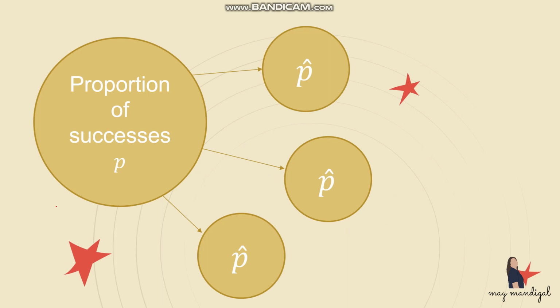So for example, we conducted a research or a survey. So this is our population. And from our survey, we're able to see that 60% of all our respondents prefer brand X compared to brand Y. So 60% of the population prefer brand X than brand Y. So that is now the proportion of success, or that will give us 0.6.